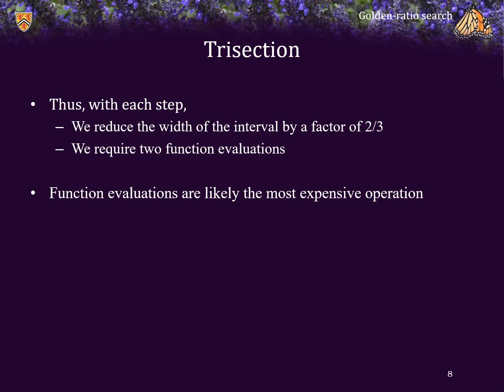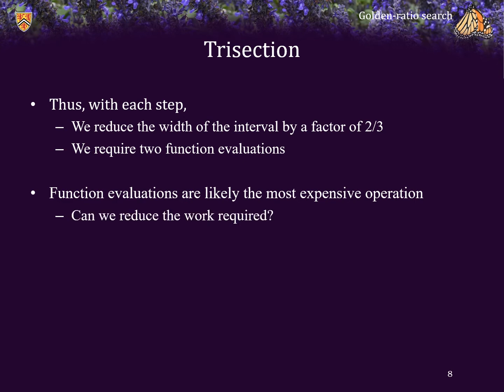You will recall our previous discussion that function evaluations are likely the most expensive operation we'll have to deal with. In general, most of these numerical algorithms are relatively straightforward. However, every time we call a function, that may actually be a very expensive operation.